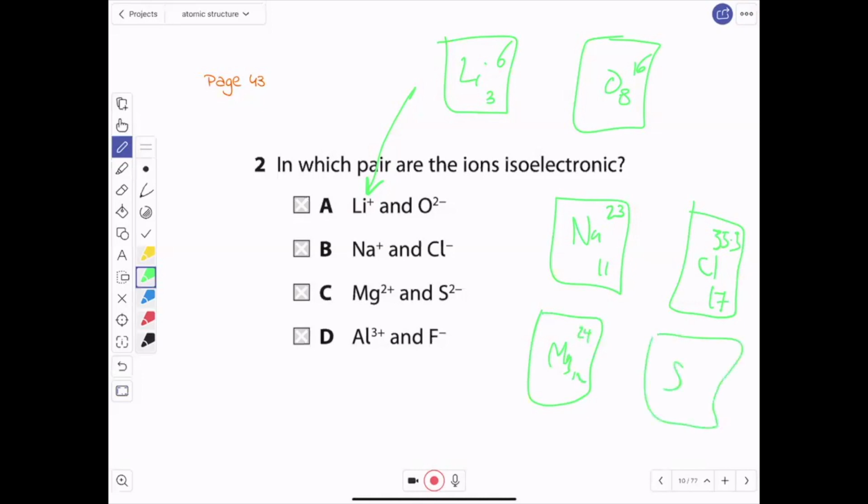Sulfur, 16, 32. All right, last one, aluminium, 13, 27. Fluorine, it's 9, 19, right? So which two of these, which pair are isoelectronic?